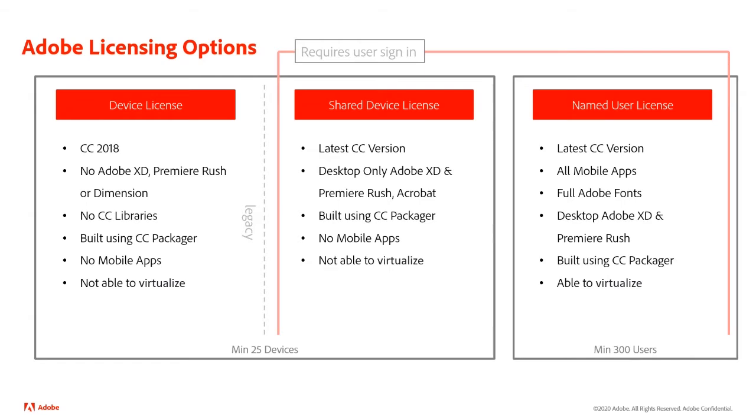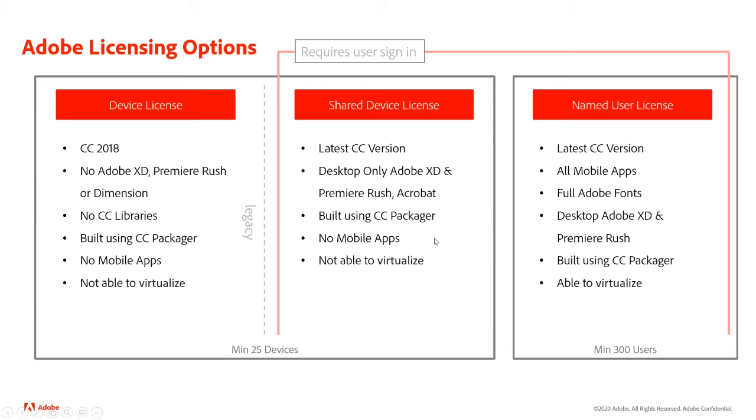You don't get Adobe Premiere Rush, which sits between Spark and Premiere Pro, a video editor that works across any device. You don't get Adobe Dimension as well, and CC Libraries. From a technical point of view, these packages are built using the Adobe Creative Cloud Packager on your local machine. There's no access to mobile apps and you're not able to virtualize this. So that's the legacy device license.